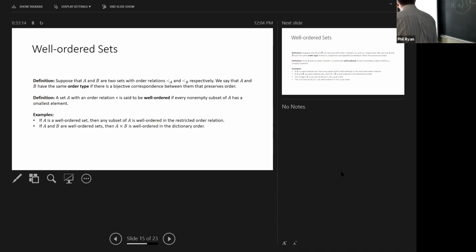So how can we get a well-ordered set example? Well, if you have a well-ordered set, then any subset of that is going to be well-ordered, because any subset of the subset is going to be a subset of the original set.